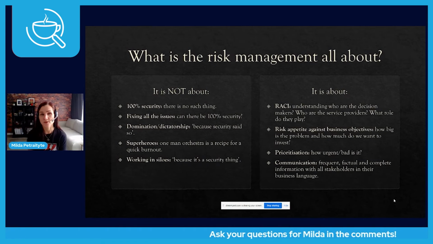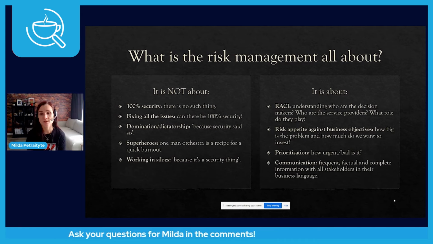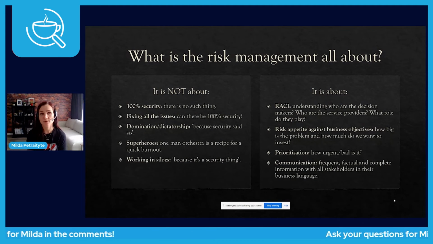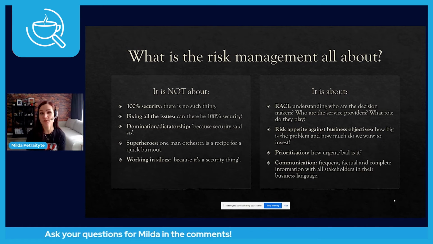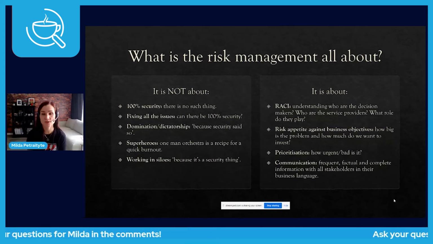But what I noticed from successful organizations and teams is that risk management is very much about understanding where everybody's role is, where everybody's responsibility is, and where the boundaries of what everybody does are.